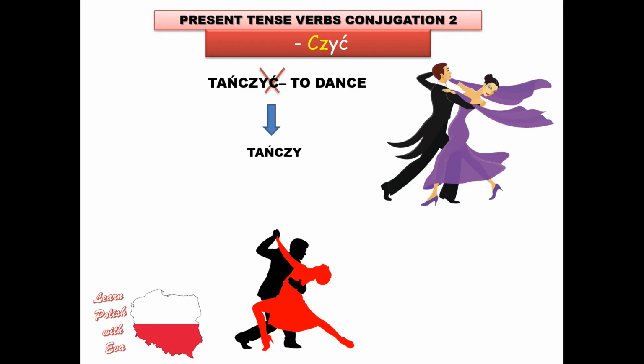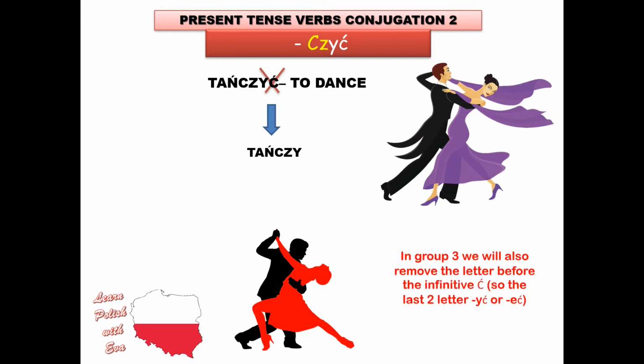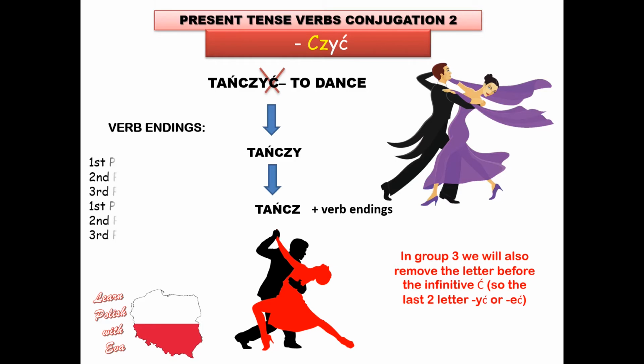However, in this group, we will also remove the preceding letter before the ć of the infinitive, which basically means that throughout this entire group, we will be removing the actual endings that mark this group, which is yć and eć. After we have this stem of tańcz, we add the verb endings, and the final verb sounds like this.